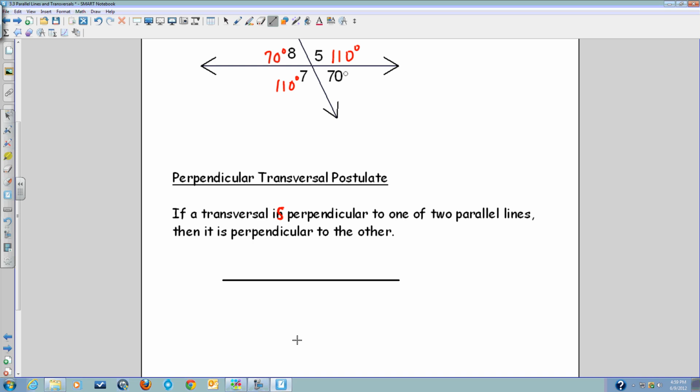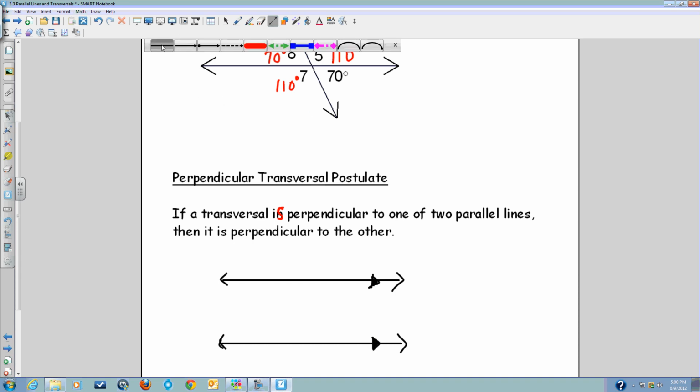Let's say we've got two lines, and this is just a sketch, doing the best I can to make them parallel. So let's say we have these two lines that I'm going to tell you are parallel. So I will put the symbol for parallel on them. And now let's say that I have a transversal that's perpendicular to one of them.